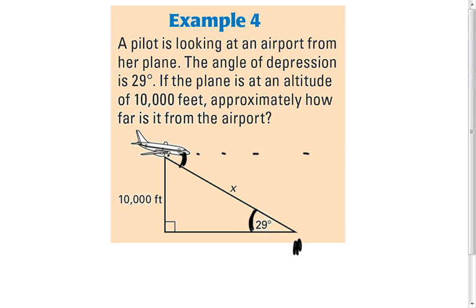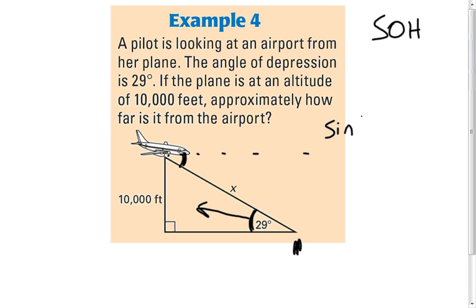We know how high the plane is, and we know the angle. That height represents the side that's opposite that 29. So we have the O, and what we want to know is the hypotenuse. So we need the O and the H. Soh-Cah-Toa, so we need an S on there.